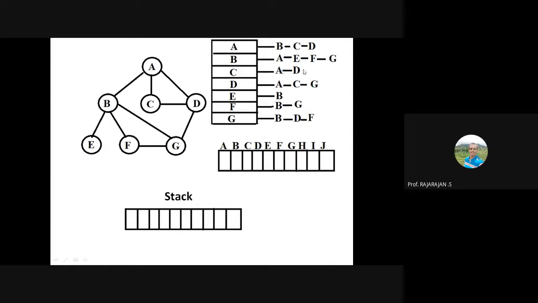So from this linked list, you can move from A to B, B to C, and then C to D. Similarly, for B, A, E, F, and G. In other words, B, C, D are adjacent to A; E, F, G are adjacent to B; A, D are adjacent to C. So you know which vertices are adjacent to each vertex. We have constructed this list, so we are now ready for the traversal.